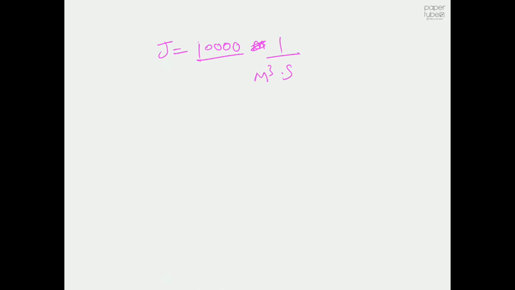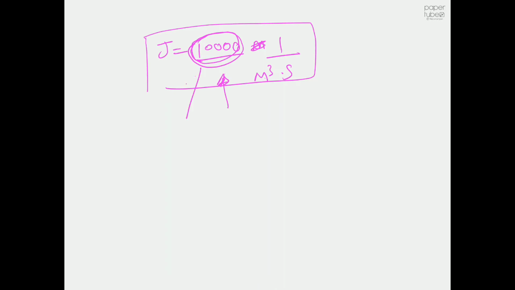So 10,000 is roughly nuclei per meter cube per second. You will get some number like this, and then they will never tell how this number was obtained, and you will never know that this J value is related to your probability function.